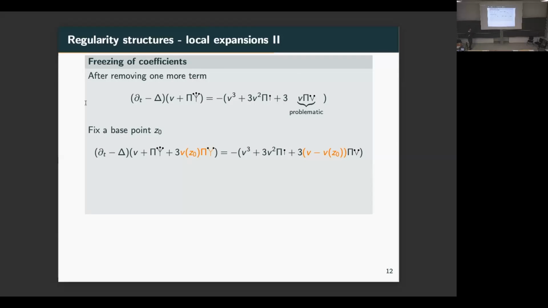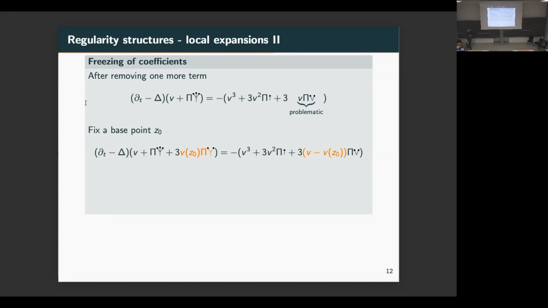And anybody who has ever seen the proof of, say, Schauder estimates for non-constant coefficient operators knows this trick, right? So that's what you do. And now from this, if we harvest the smallness of this term near that point, then perhaps we get something better than before, just locally near that point Z0.